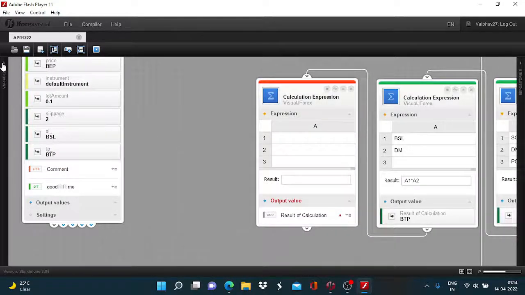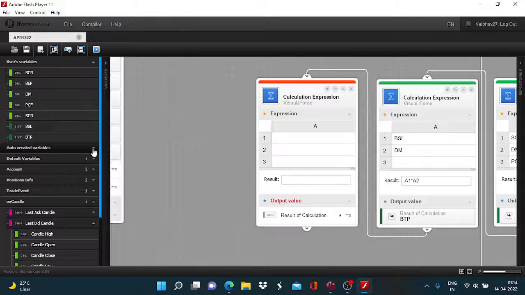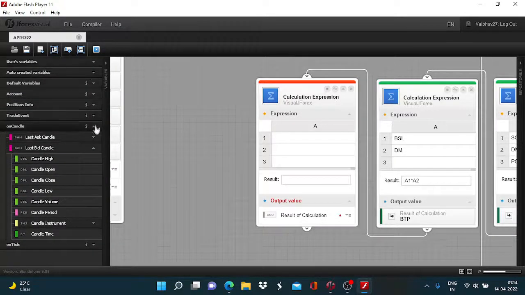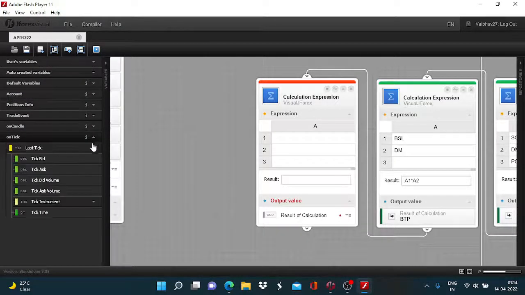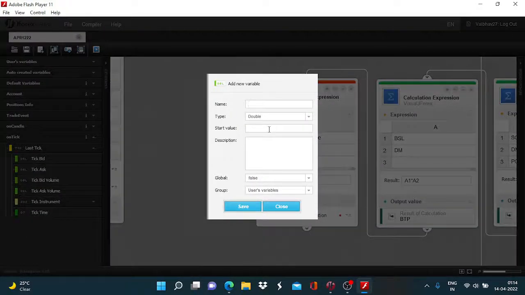So we need last tick time and add 3.6 million ticks to it. So this is going to have start value of 3.6 millions. Yes, I got the number of zeros right. That's what I think.